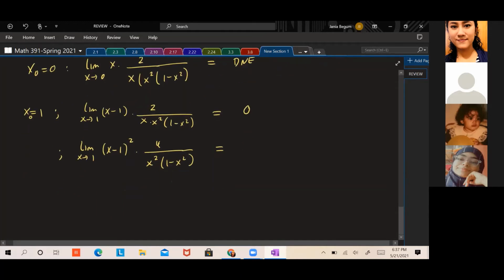So let's simplify, right? So you have the limit as x goes to 1 of (x minus 1) squared times 4 over x squared, and I can factor 1 minus x and 1 plus x.